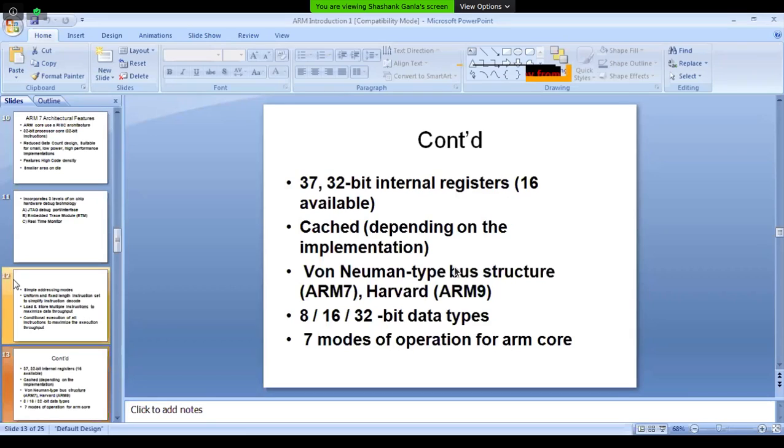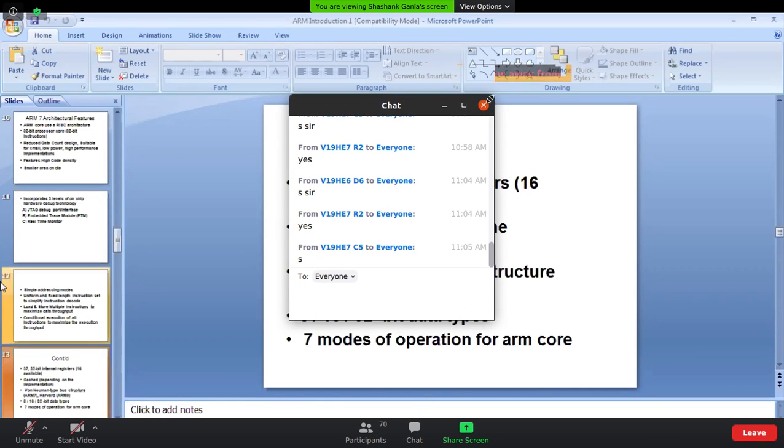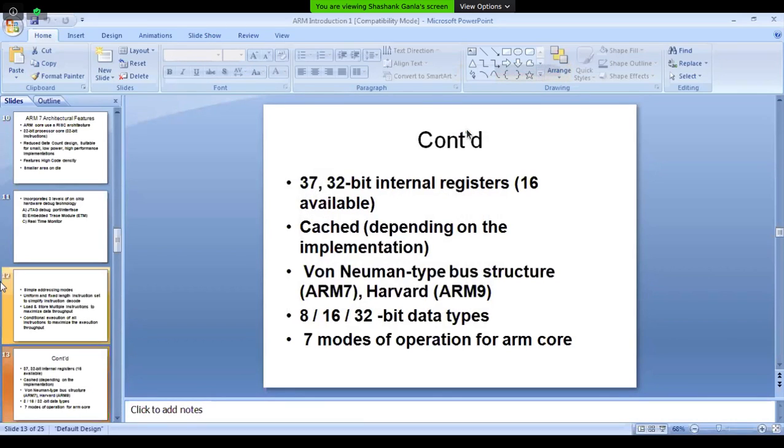So it supports 8-bit or 16-bit data transfer instead of 32-bit data, and anyway it definitely supports 32-bit data transfer. We call these three varieties of data transfer instructions supported by ARM architecture data types in the ARM instruction set and assembly language.